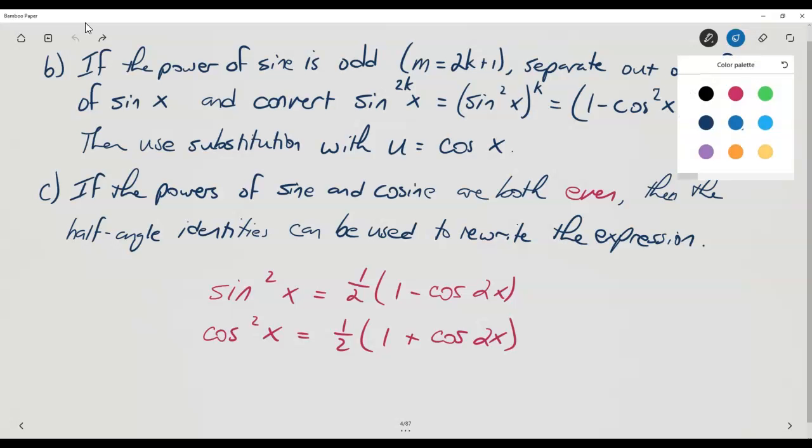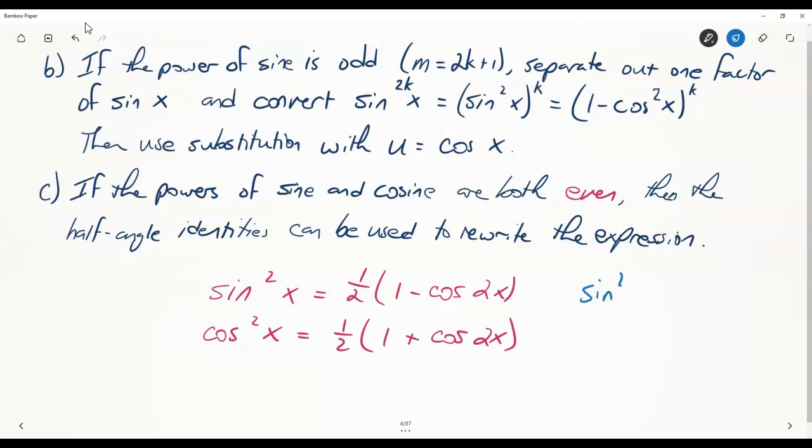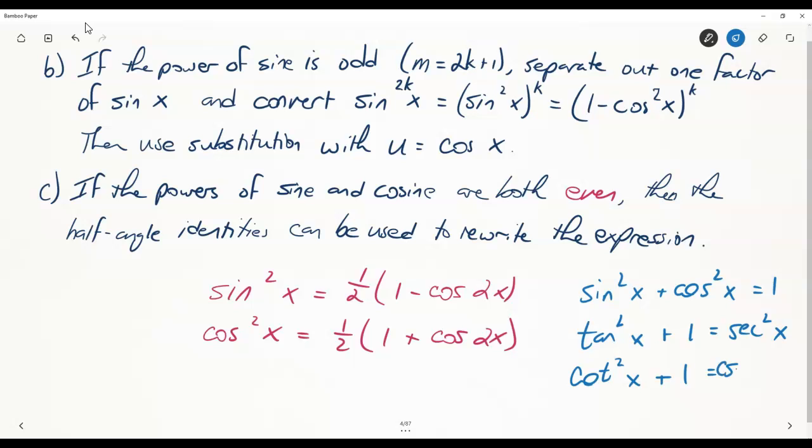So here are my identities. Sine squared of x plus cosine squared of x is equal to 1. We have tangent squared of x plus 1 is equal to secant squared. And we have cotangent squared of x plus 1 is equal to cosecant squared of x.